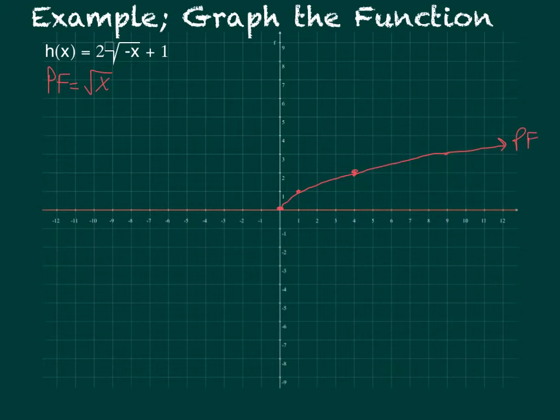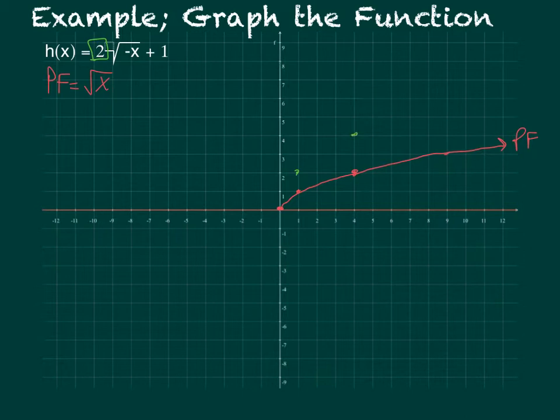Alright, and now I need to figure out all my shifting. So the first thing that I'm going to shift is, it looks like I have a times 2 on the outside of everything. Alright, so I'm going to start by stretching it vertically by 2. So that means everything is going to stretch up. So instead of it being 1, it's going to be 2. Instead of it being 2, it's going to be 4.